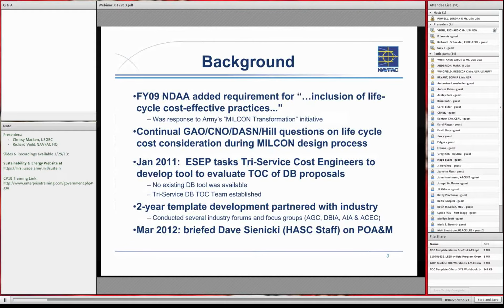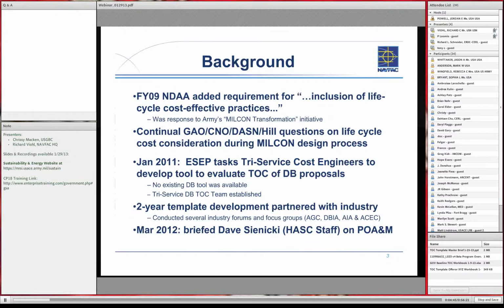And basically, I've just covered some of the background. As you are well aware, there's been a lot of discussion and questions from the Hill down to the services over the last 2 or 3 years about how we are including life cycle cost considerations in our design and construction of military construction projects.